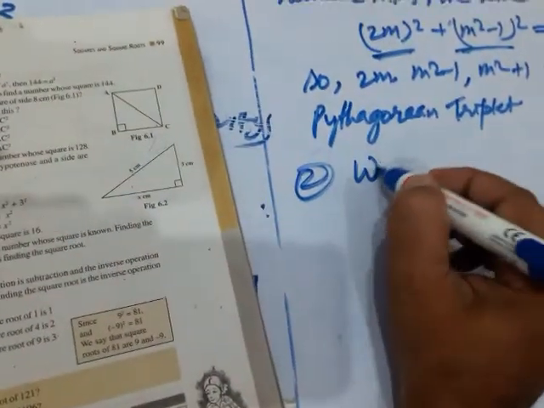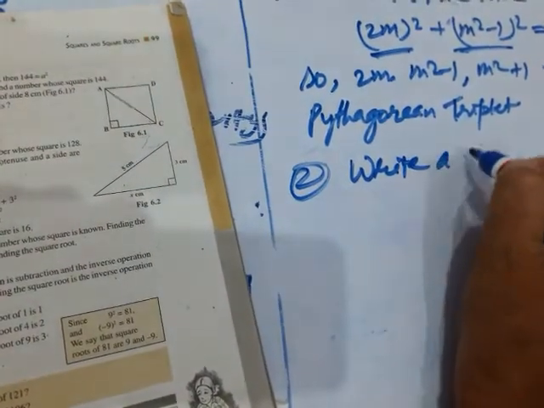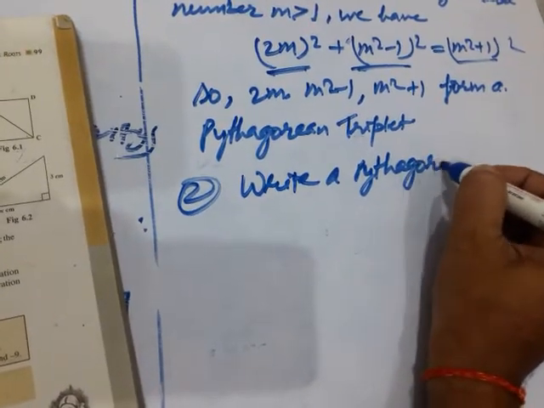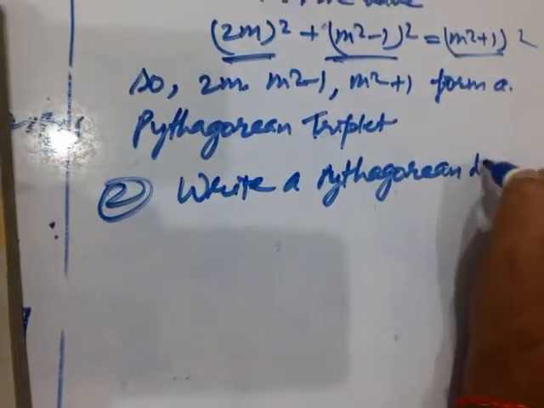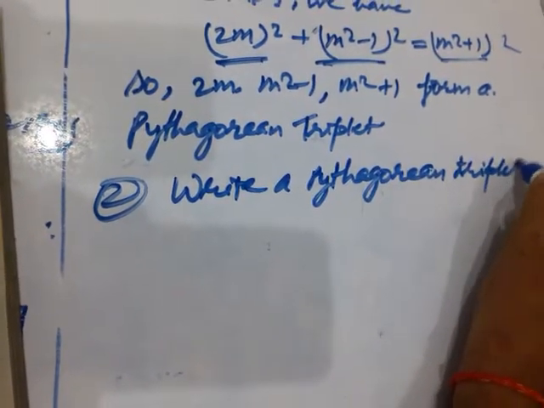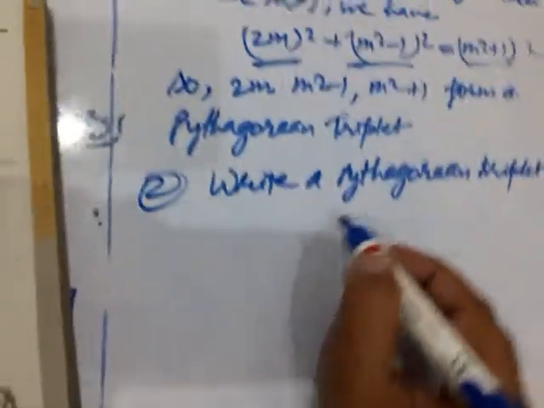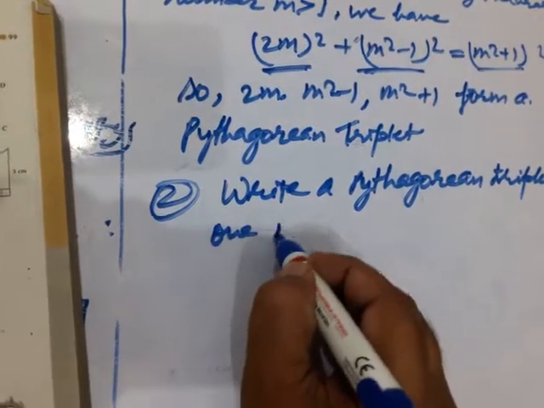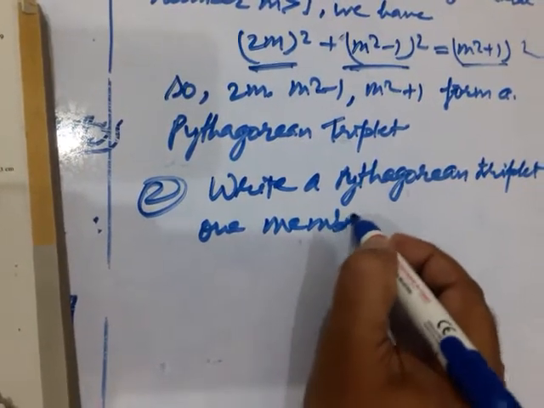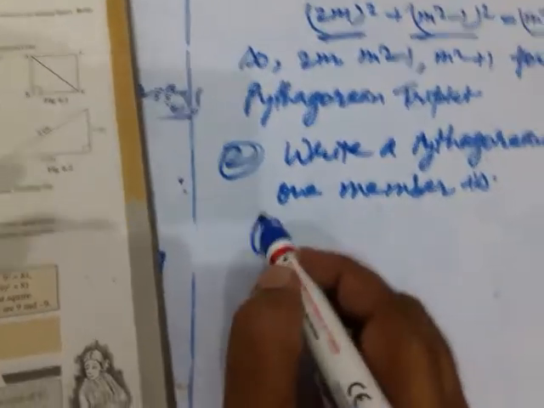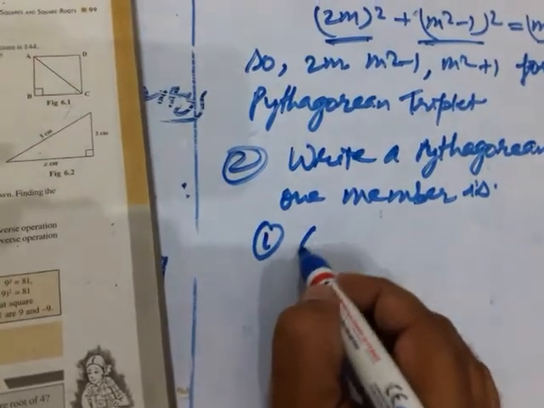Write a Pythagorean triplet whose one member is 6.